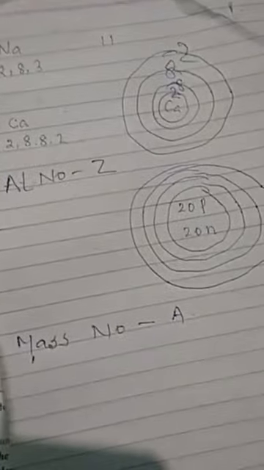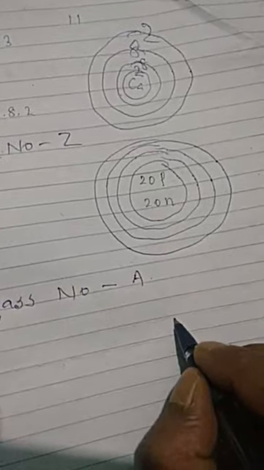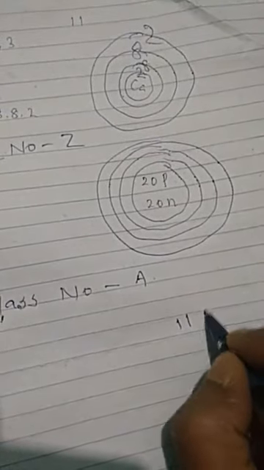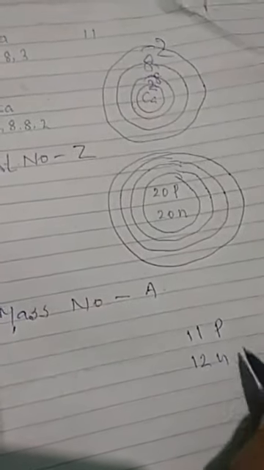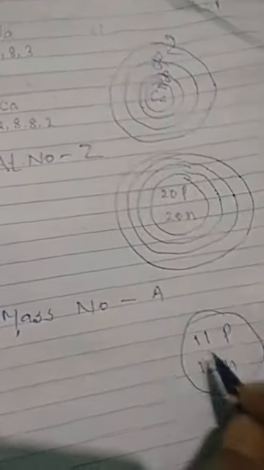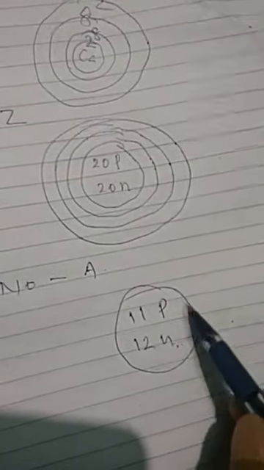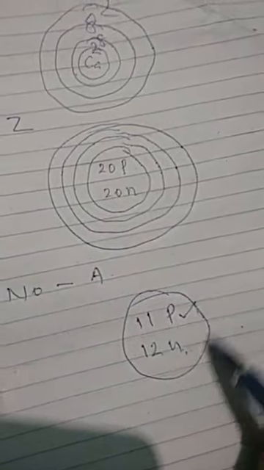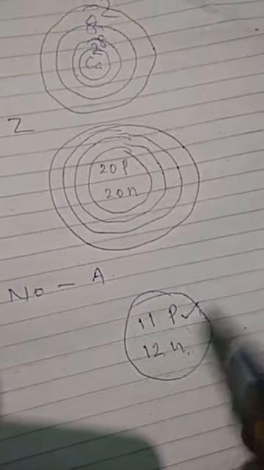So mass number is 20 protons plus 20 neutrons, means 40. Like sodium, sodium has 11 protons and 12 neutrons in the nucleus. So its atomic number will be 11 and mass number will be 23.